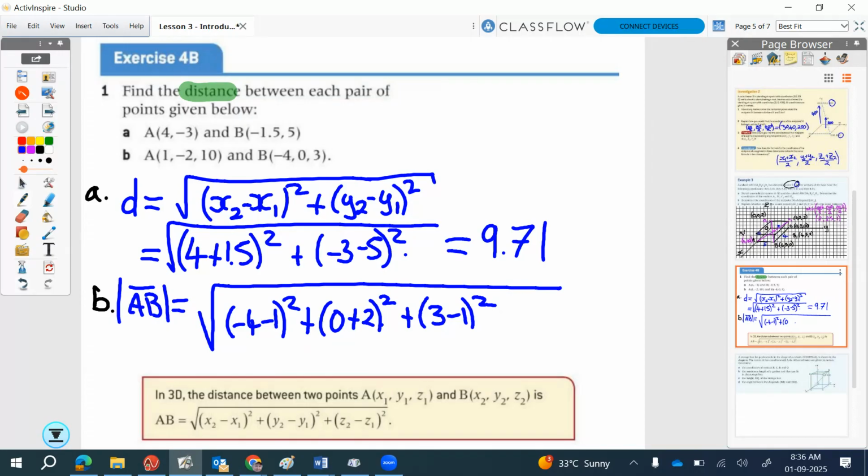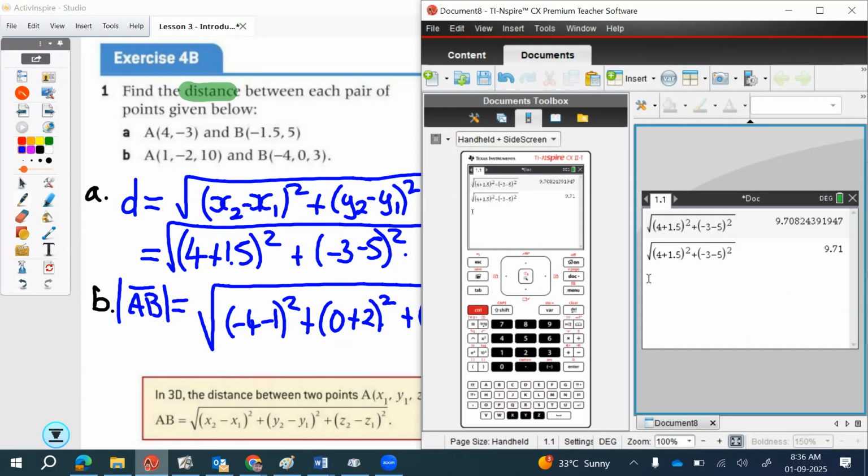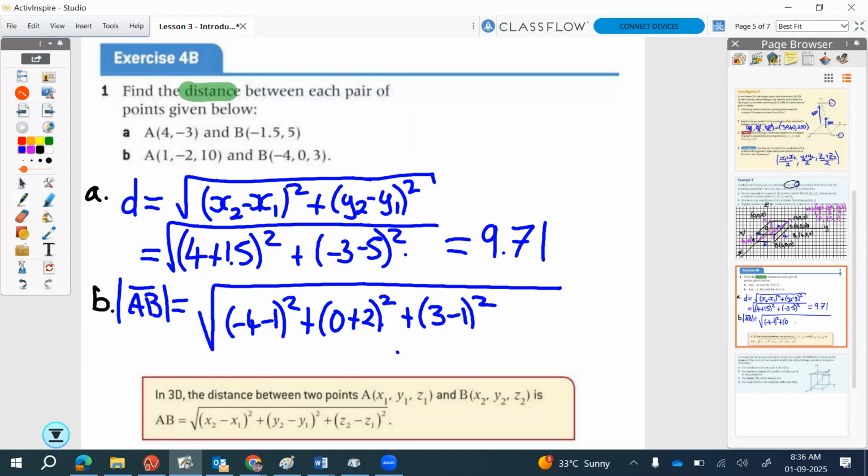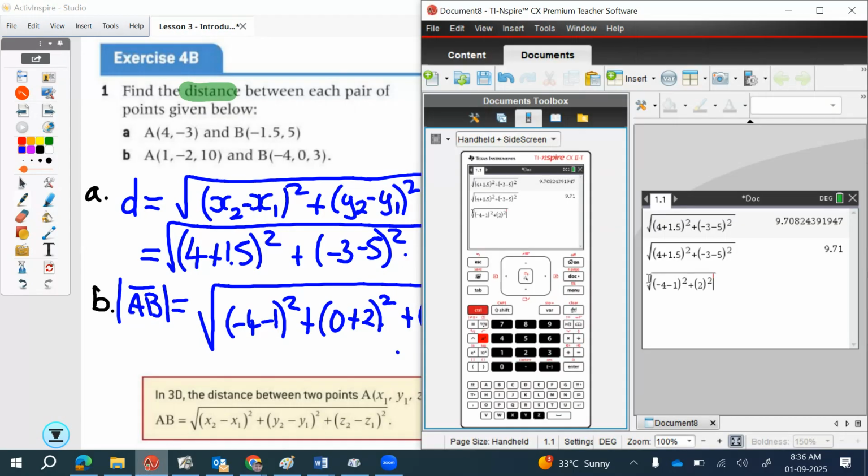Hop these onto the calculator. Shift square root, bracket, -4 minus 1, close bracket squared, plus 0 plus 2, I'm going to do in my head, 2 squared, and the last one was 3 minus 1 squared.